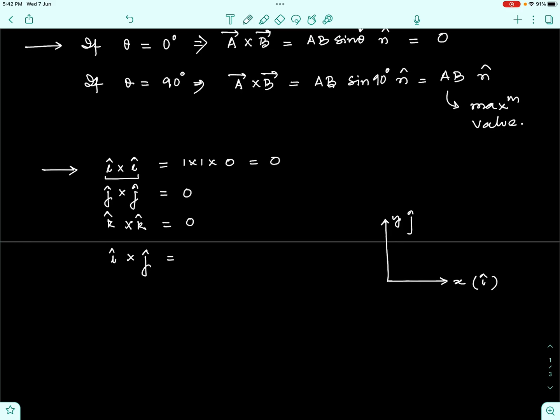If you look at things carefully, if you try to use the right hand thumb rule as you do i cap cross j cap, you would be taking your right hand, stretching your fingers and thumb perpendicular to each other, keeping your fingers first along the i cap direction, that is this direction, and then curling them along the j cap direction.